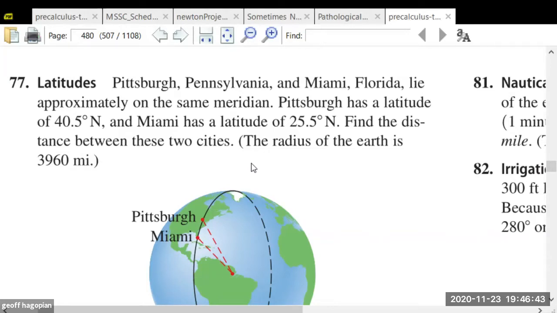And that's 40 degrees north, and Miami is only 25.5 degrees north, so it's south of those. And we'd like to find the distance in miles between those locations. And we know that the radius of the Earth is approximately 4,000 miles, or if you want a little more accuracy, 3,960 miles.